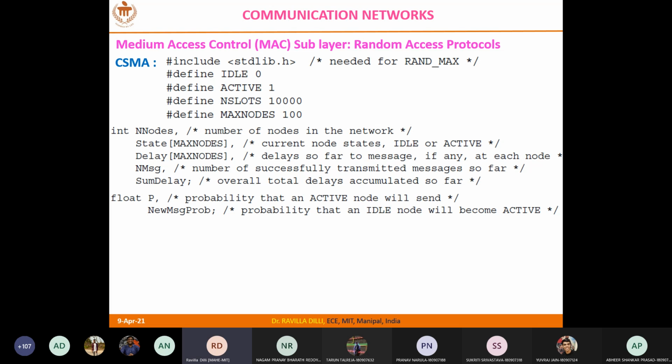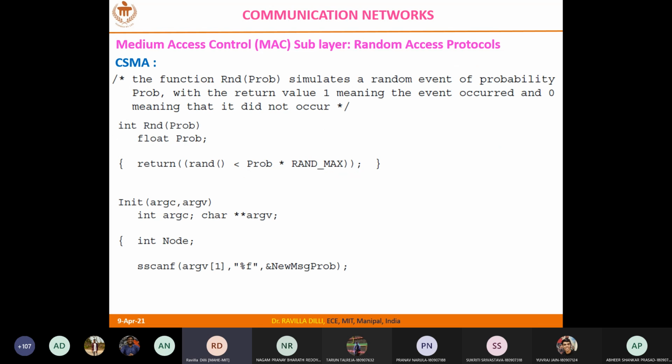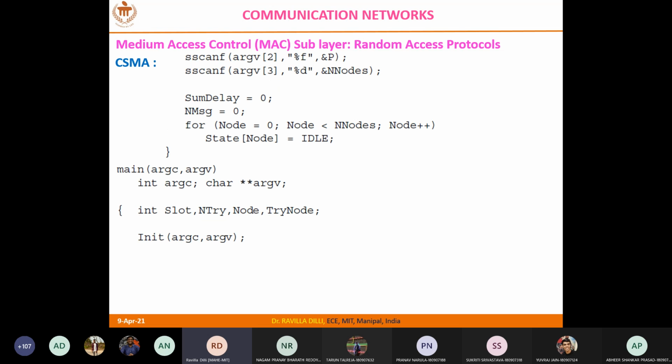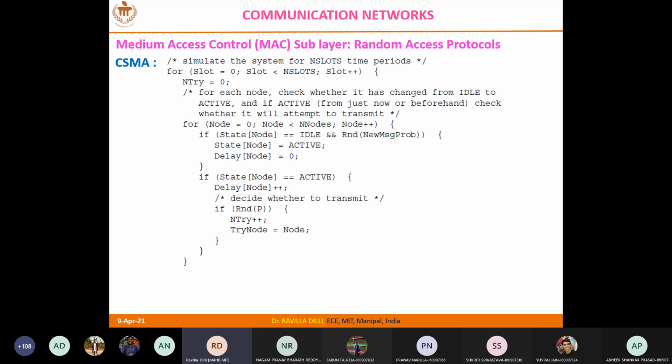The maximum number of nodes is 100, and there is the number of slots, since P persistent has slots. I'm not going to explain the program as such, but you need to understand that you can do it easily if you are quite familiar with C or CPP.